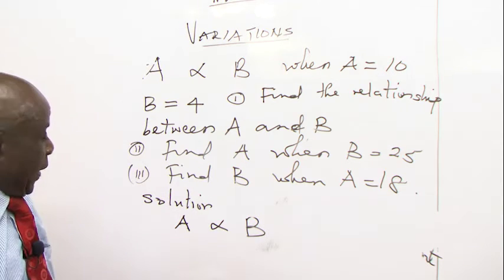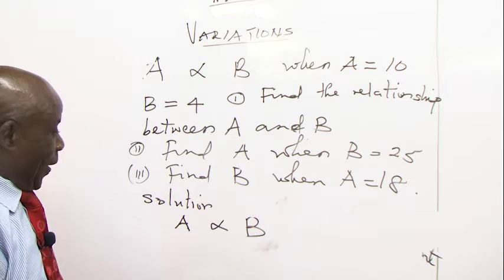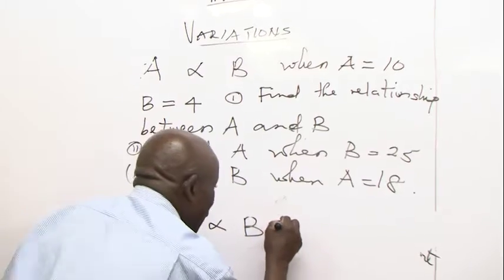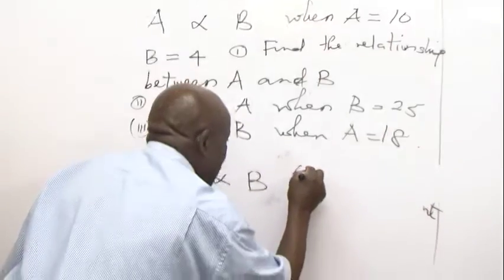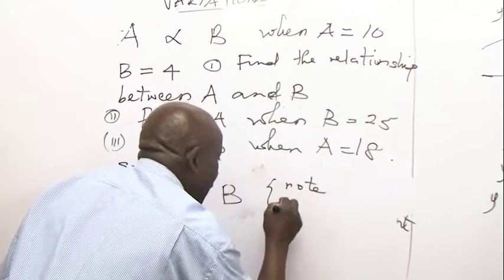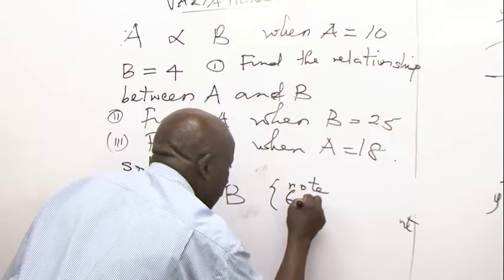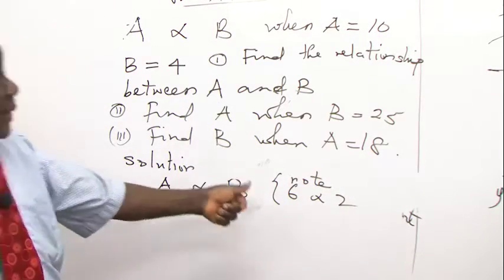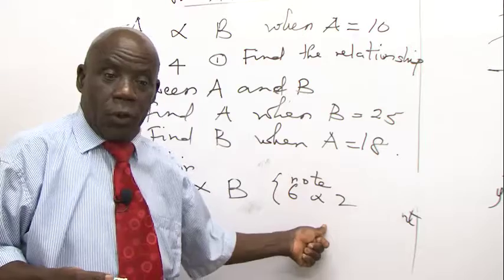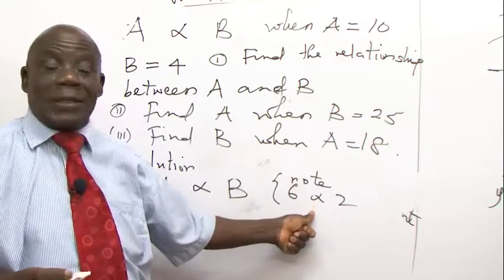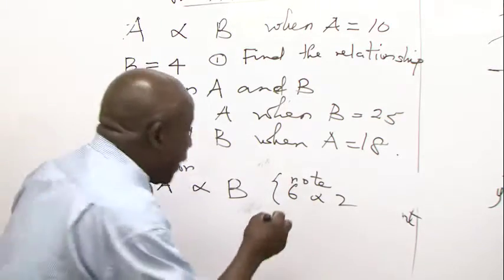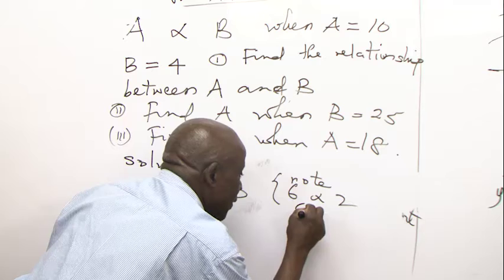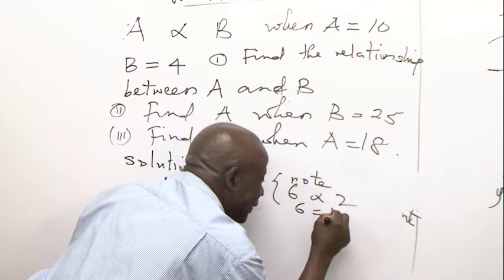Let me give you an example. If I say 6 is proportional to 2, it is true. I am not saying 6 is equal to 2. If I want to remove this proportionality sign, it means I will say 6 is equal to a constant times 2.